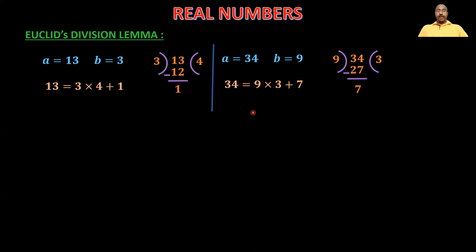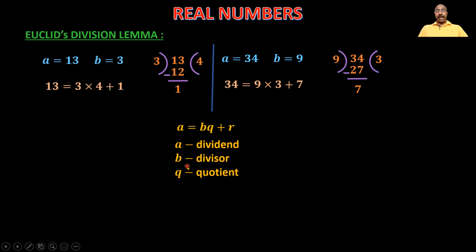Okay, so from these two, we can write that A is equal to BQ plus R, where A is the dividend, B is the divisor, Q is the quotient, and R is the remainder. This is called the division lemma. A is equal to BQ plus R is called the division lemma, but not Euclid's division lemma, only the division lemma.